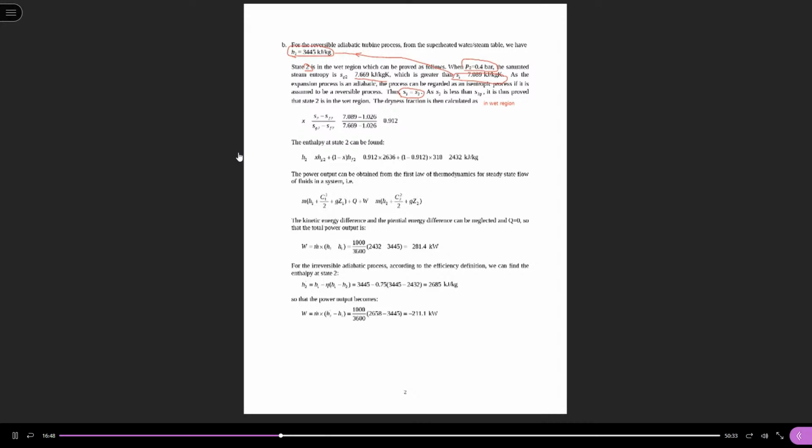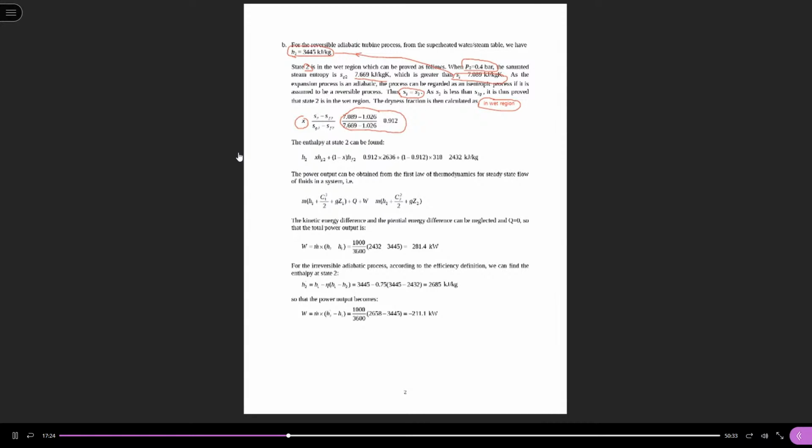Accordingly, we will calculate. If it's in the wet region, it becomes difficult because we need to calculate its dryness fraction. Similarly, from the table we can find all other specific entropies.